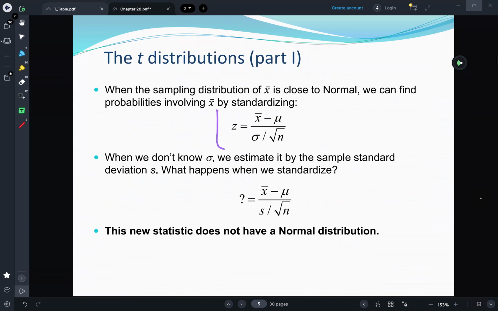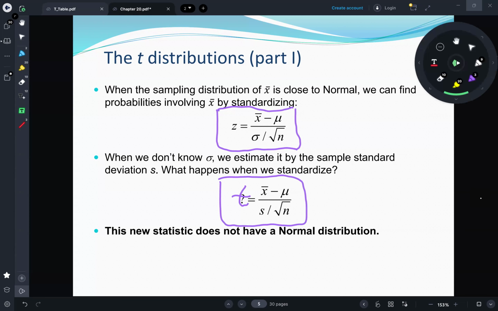If you remember, before, what we've been doing all along is z, the z table. That should be recognizable. z equals x bar minus mu, divided by sigma over the square root of n. But now we're going to use, and it has a question mark, a t. And you can see, I'm going to highlight the difference here.